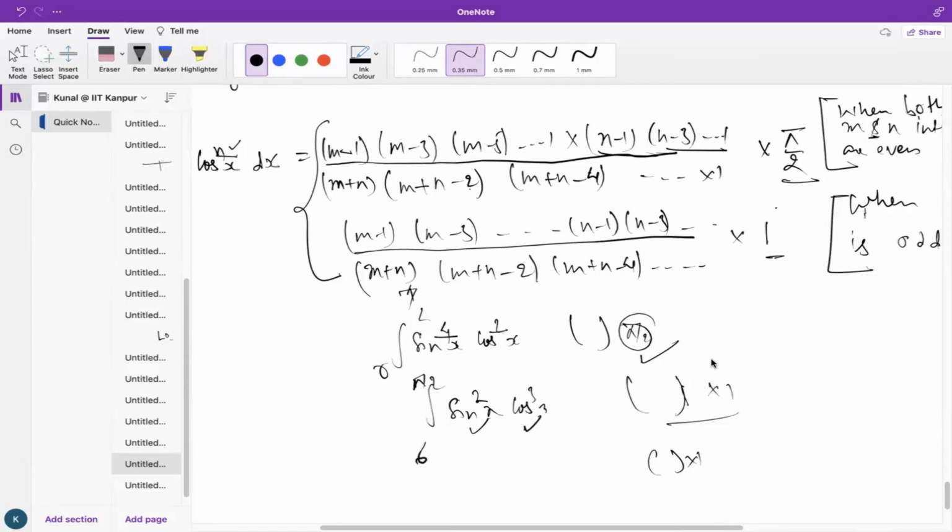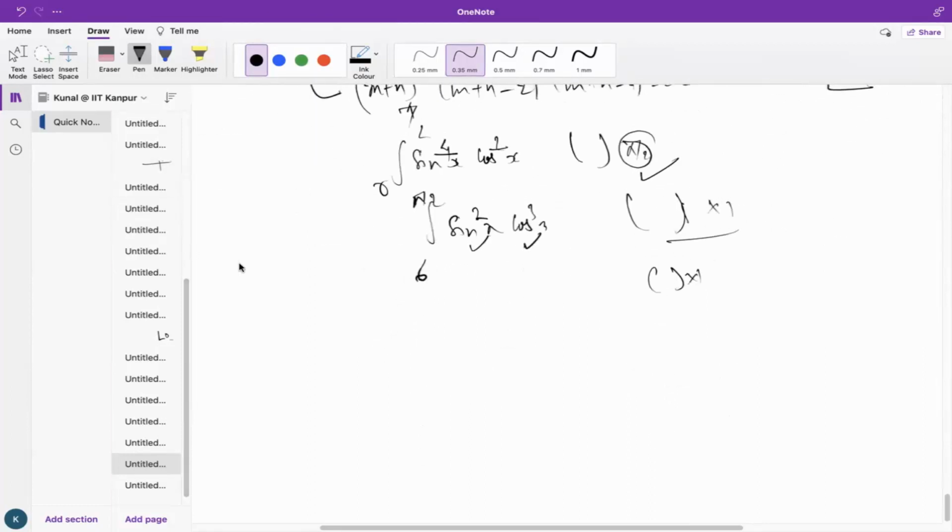So let's take some examples to understand this. Let's take an example like cos to the power 4x sin square x dx from 0 to pi by 2.